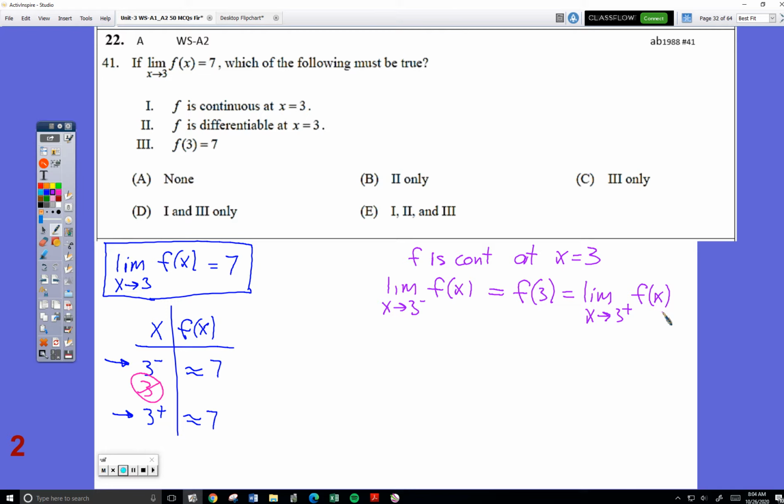So anyway, the flashcard would have this on the front, and it would have this in green on the back.